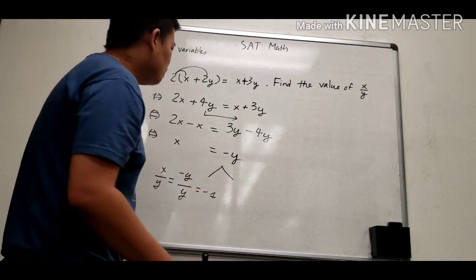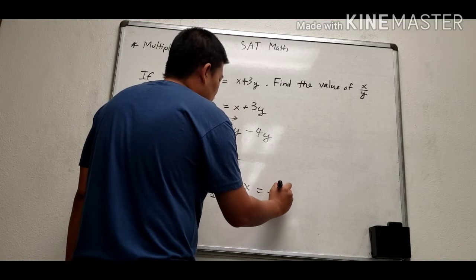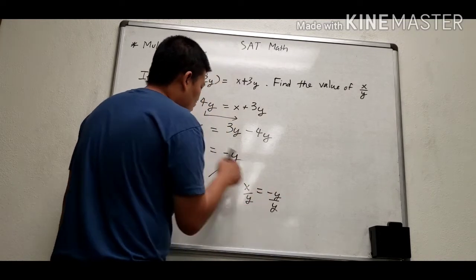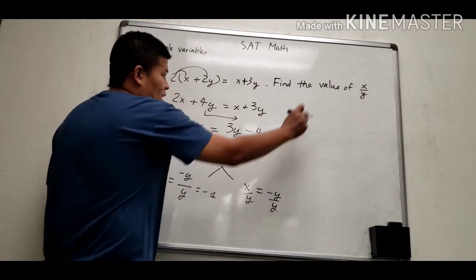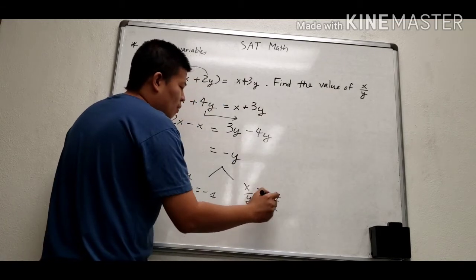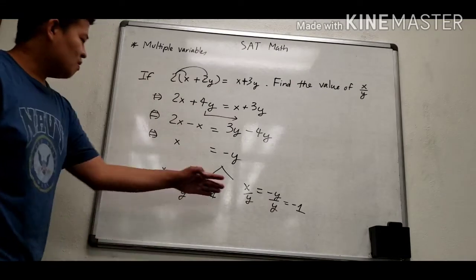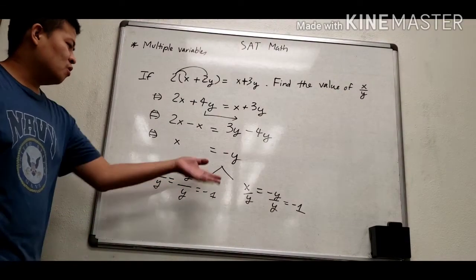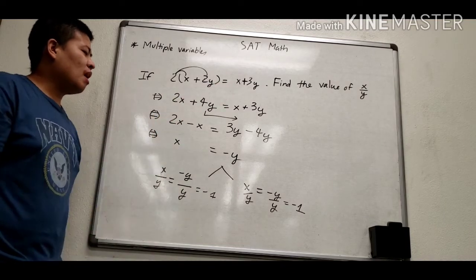Technique number two, we divide both sides by y from this equation, and we have s divided by y in here. This is similar to the question. Y divided by y, then we get minus 1. So you see different kinds of techniques, but they show you the same solution. So the answer is minus 1.